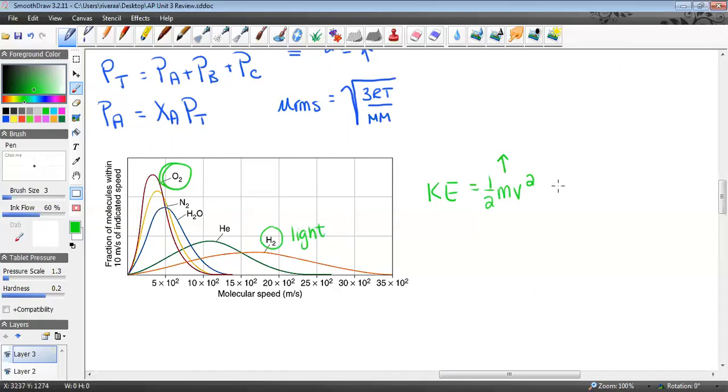We increase the mass, you're going to have to decrease the velocity at the same temperature. So if these are all at 25 degrees Celsius, hydrogen's actually going to move a lot faster at that temperature than oxygen because oxygen is heavier. So it's going to have a slower speed at that same temperature.